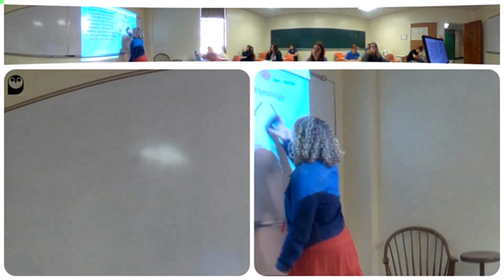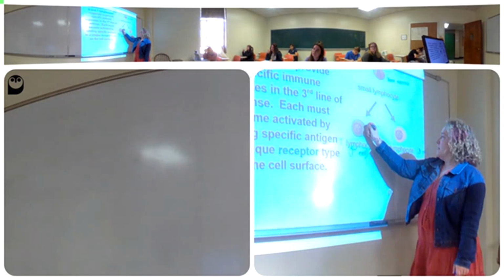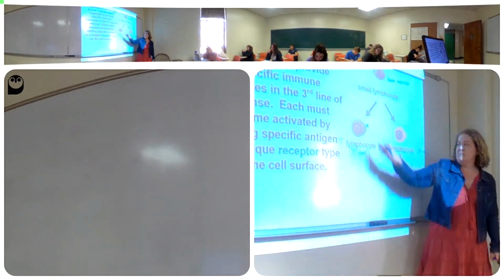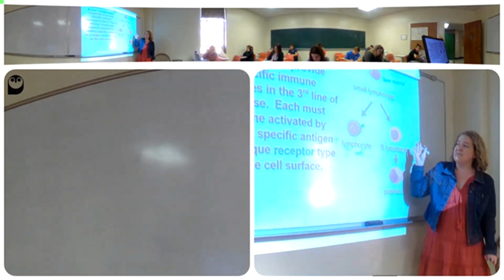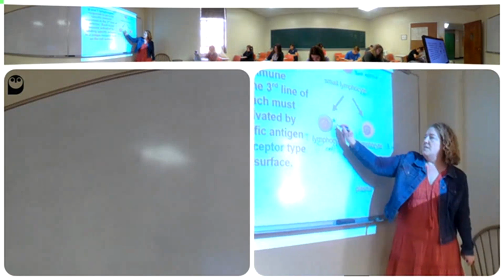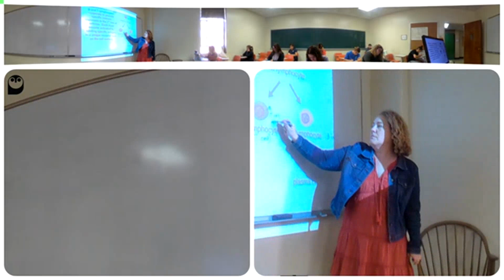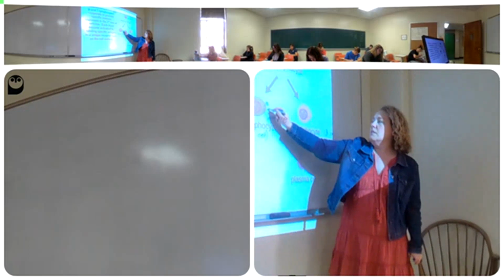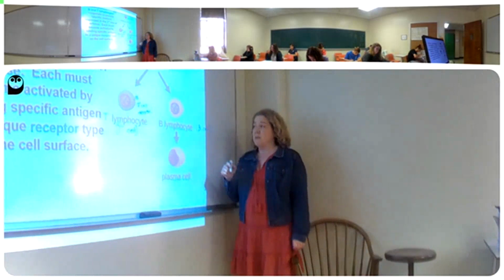They're not antibodies on the T cell. So this is a receptor on the surface of the T cell that can bind onto a specific antigen. And this is called T cell receptor. It would bind onto a very specific antigen shape.